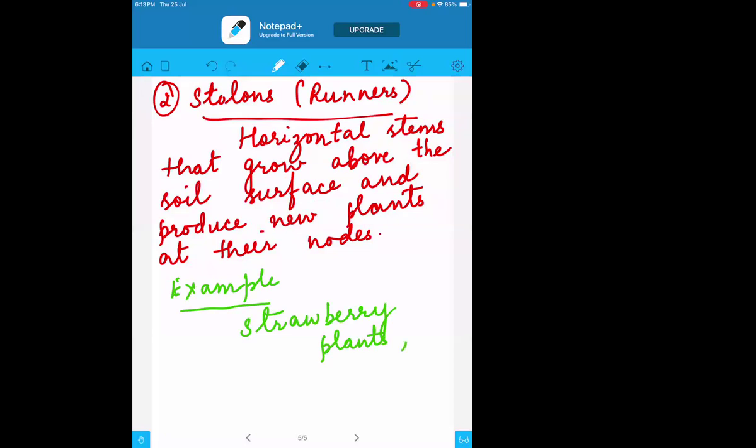And the other plant is also there, which is called a spider plant. I'll show you the picture of these plants, children, maybe after this. If they ask the difference between rhizome and stolons, you can write it: in the case of the rhizome, they are the underground horizontal stem, whereas the stolon will be growing above the ground and they are also horizontal.